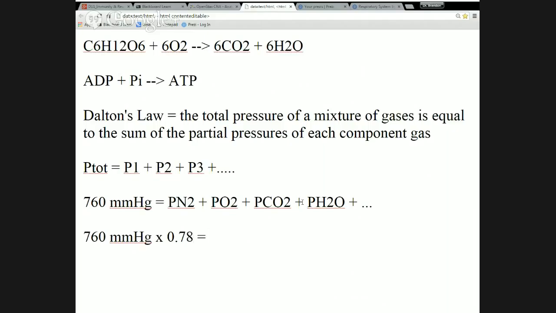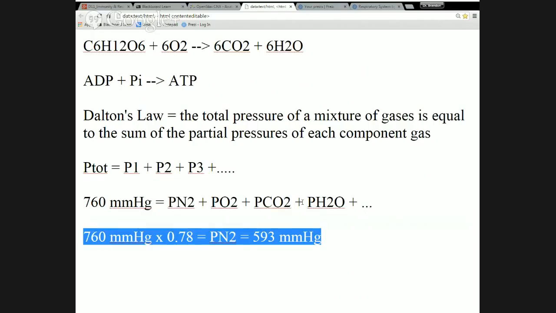And that's going to give us the partial pressure of nitrogen. If I remember correctly, that comes out to 593 millimeters of mercury. Might be off by a little bit, but it's somewhere just a little bit south of 600. Okay. And we can just figure that out by calculating the percent contribution to the overall thing, rather than having to actually measure it.